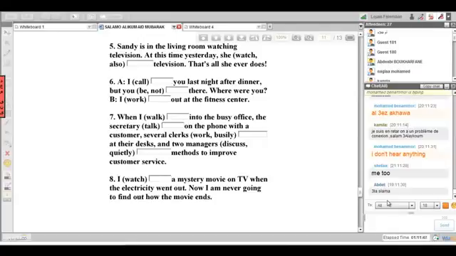Several clerks were busily working. This is the answer.